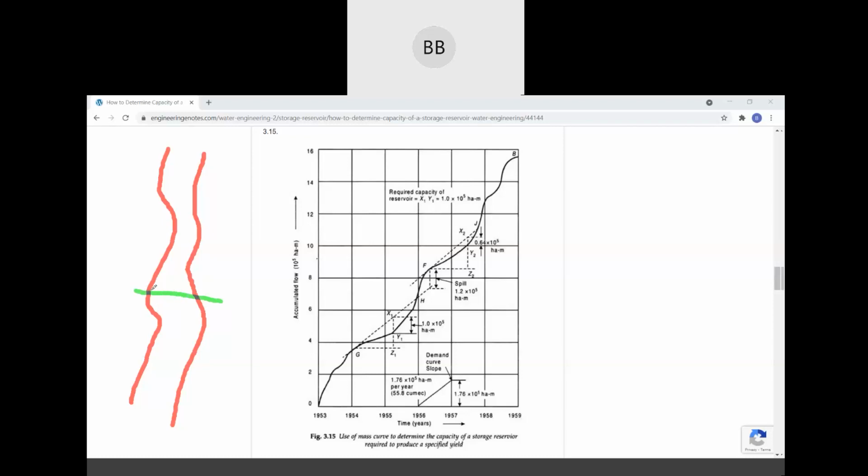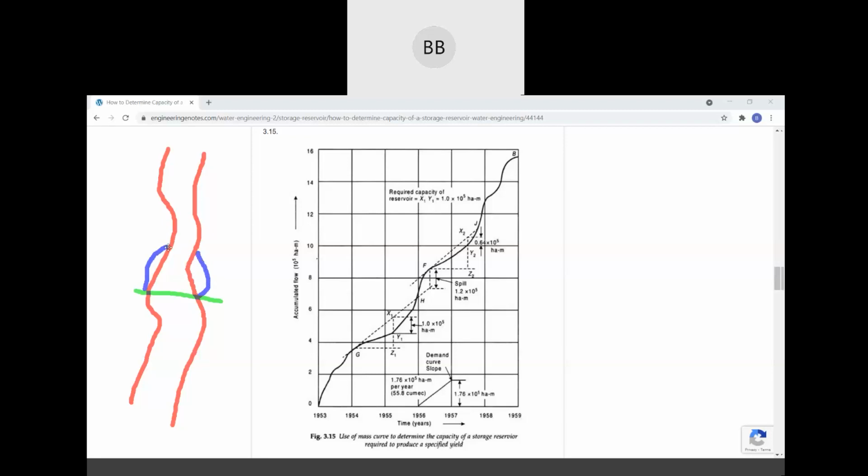We have constructed a dam, then we have constructed a reservoir just to store water according to the topography of the land.